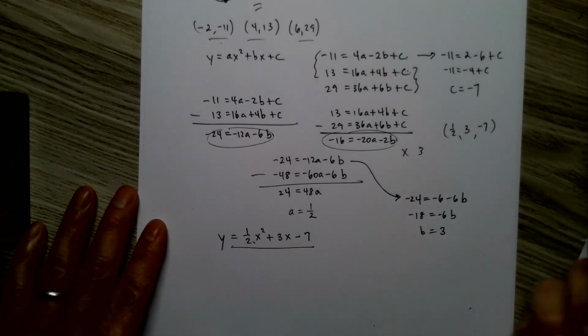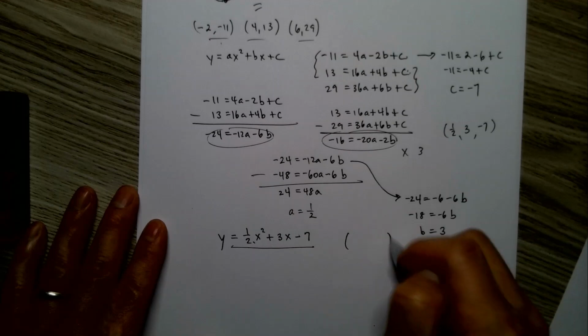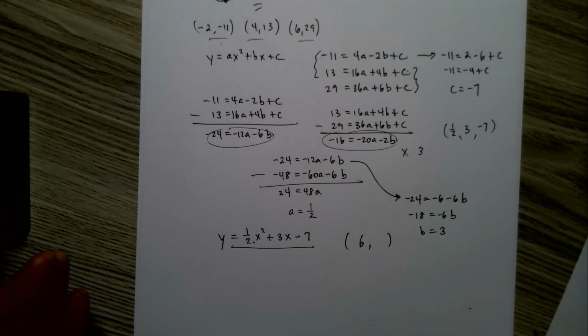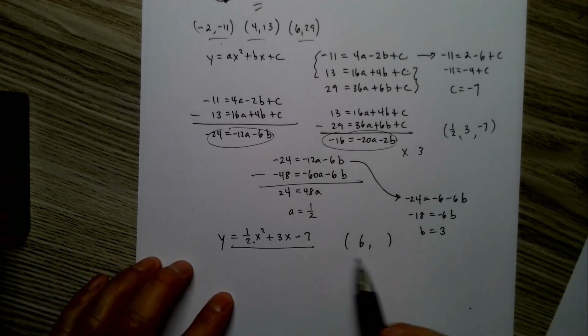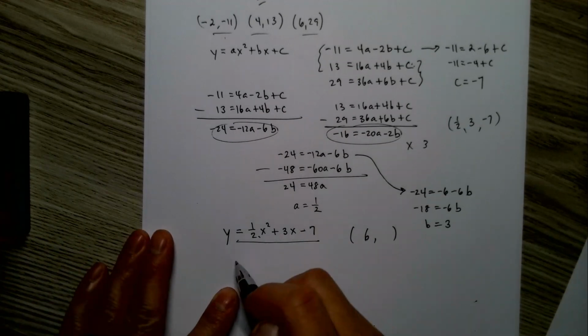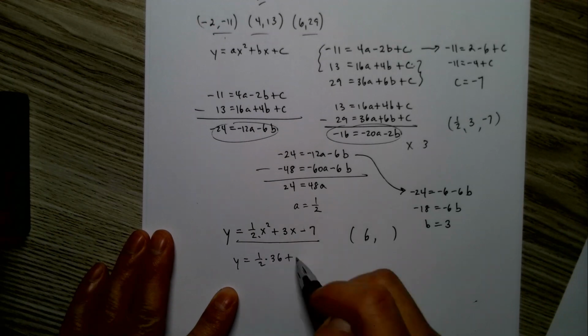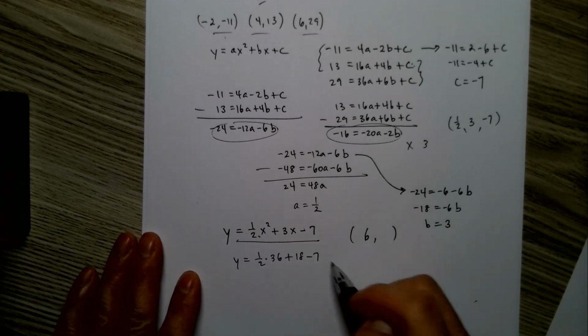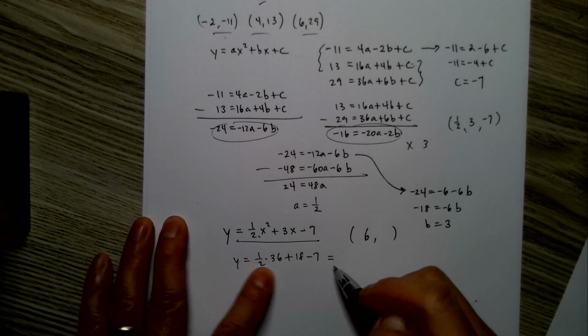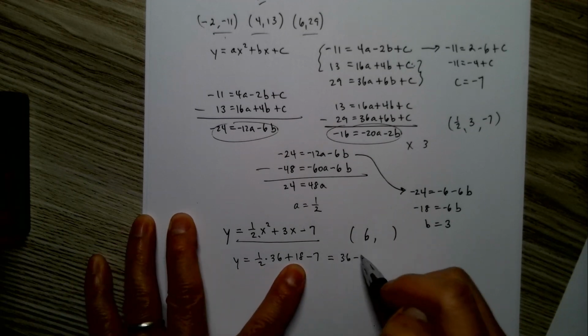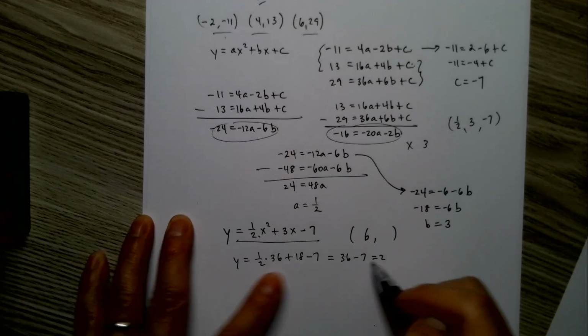So let's say I want to know what the x value of 6 would give me. So if I put 6 in here, that's going to be 1/2 times 36 plus 18 minus 7, and that'll be 18 plus 18 is 36 minus 7, which is 29. Oh, I already knew that one.